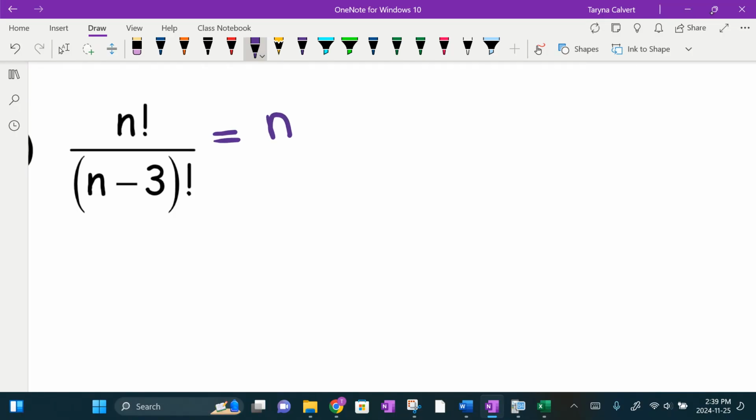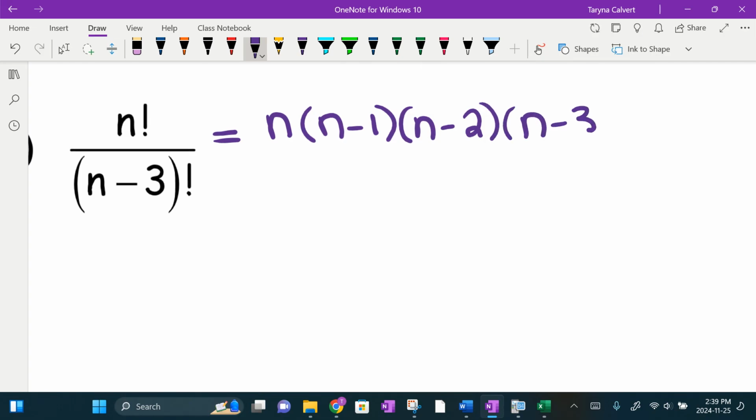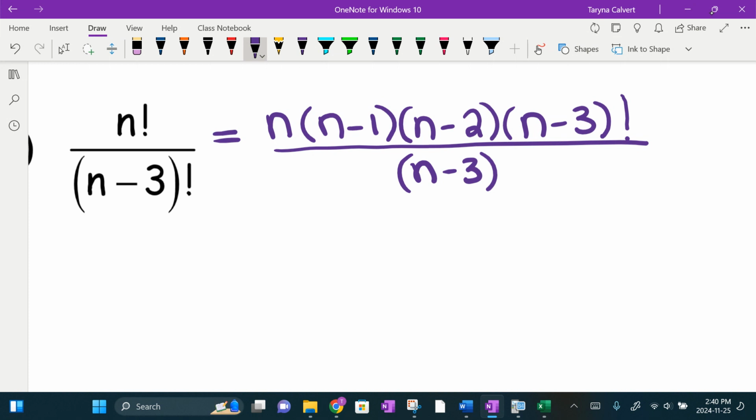N. The second one is an n minus 1. The third one is an n minus 2. And the fourth one is an n minus 3. Now I stop. So you're trying to get what's on the bottom. And it still has a factorial on it, which is beautiful, because does the bottom have a factorial on it? Yes. So the factorials will divide out along with the n minus 3's.